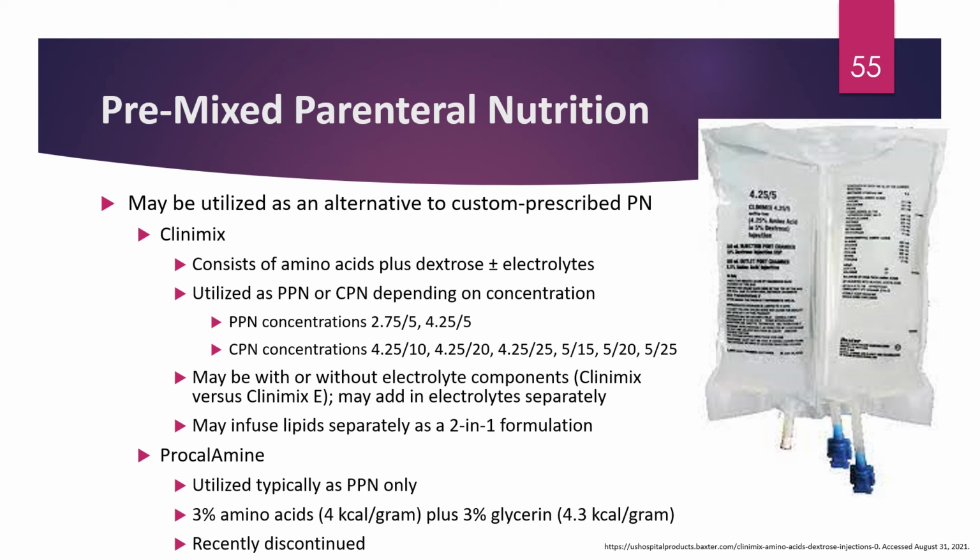For example, for this first CPN concentration of 4.25 and 10, that is going to be 4.25% amino acid, which is basically 4.25 grams of amino acid per 100 mLs of solution, over 10% dextrose, or 10 grams per 100 mLs of dextrose. So if you have a liter bag, obviously you would multiply these numbers by 10 and get your resulting formula.